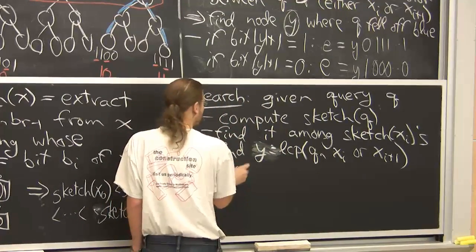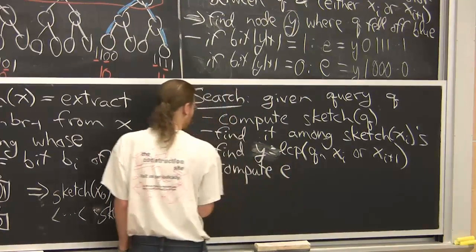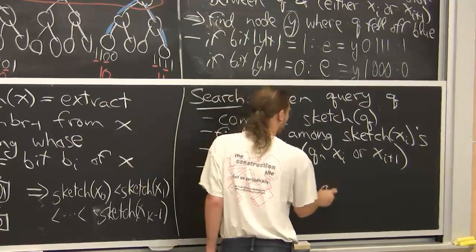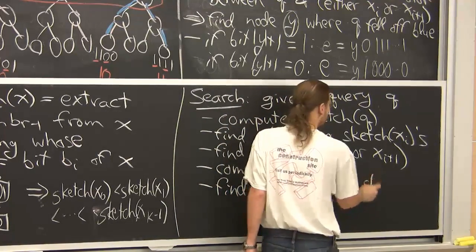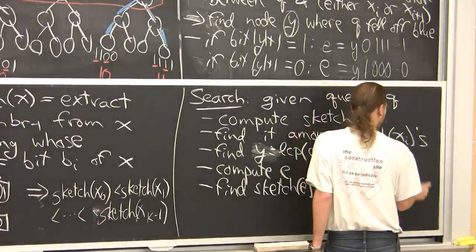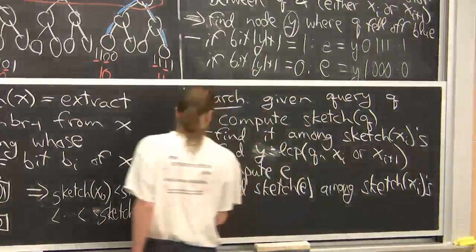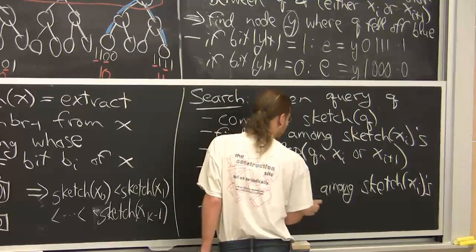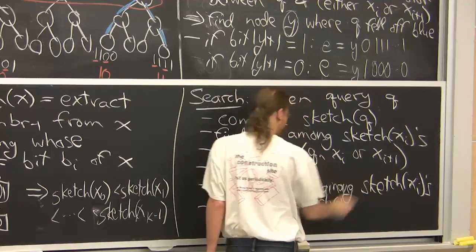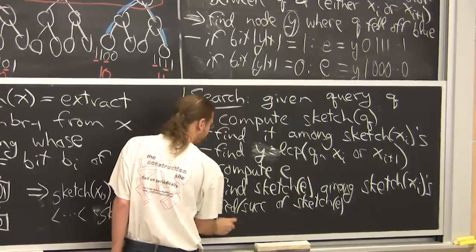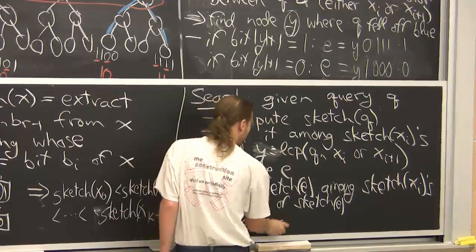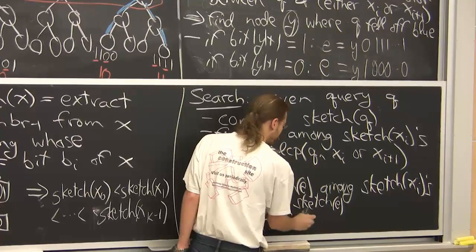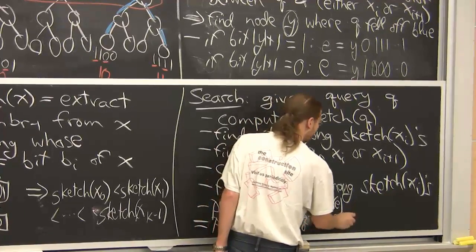Then we compute E, and then we find sketch of E among sketch of the xi's. And the claim is that the predecessor and successor of sketch of E among sketch of the xi's equals the predecessor and successor of Q, our actual query, among the xi's.